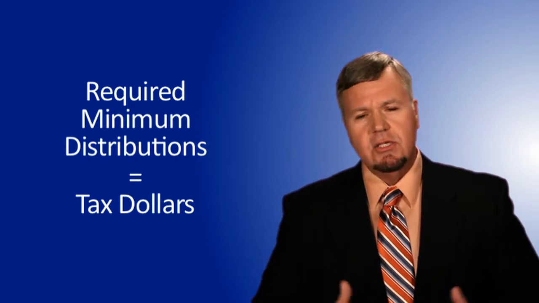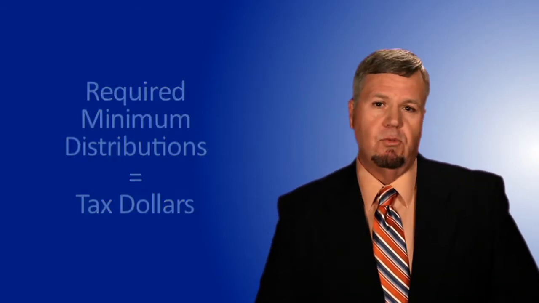And when the individual starts to take those required minimum distributions, that's when the government's going to get their tax dollars back. So really, we could say that the purpose of the required minimum distribution rules is so that the IRS can start to collect taxes on this money that has been deferred for so long.